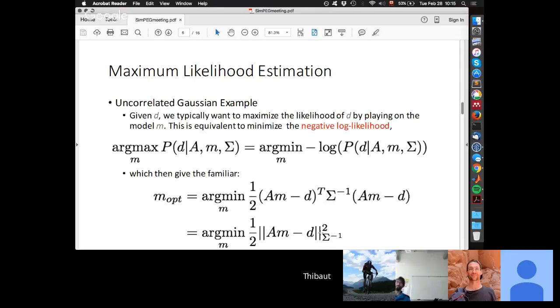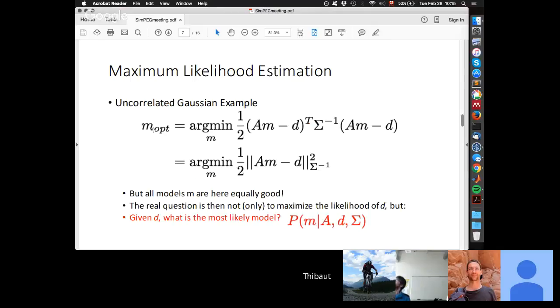So we got back basically what we usually use, but we derived it from a probability point of view, by assuming that our noise is Gaussian, and that gives us the L2 norm, which is quite nice. We can also use other distributions if we have a different type of noise.